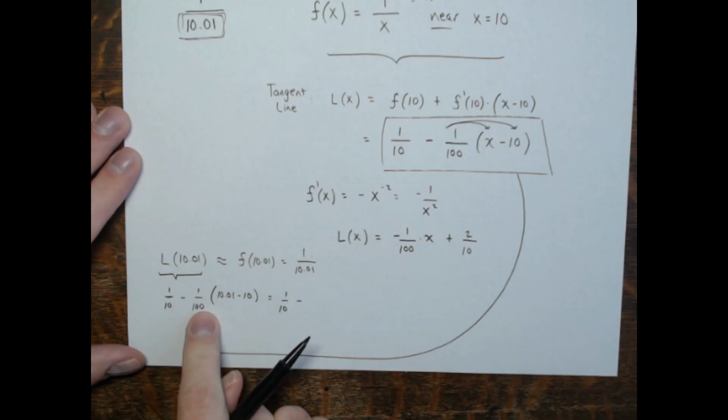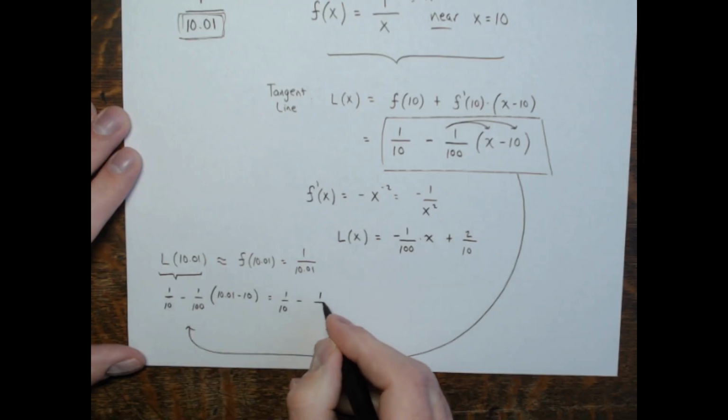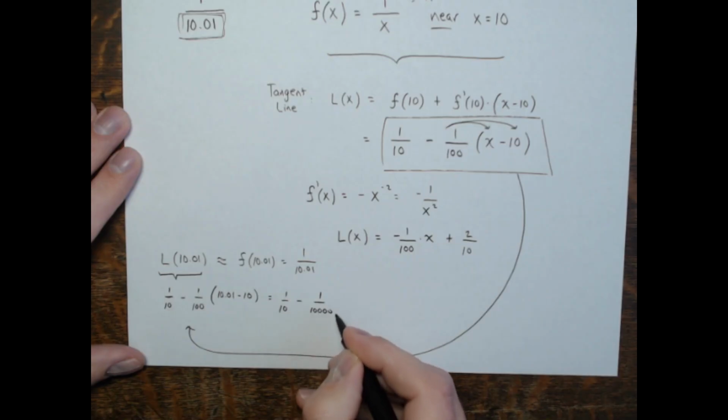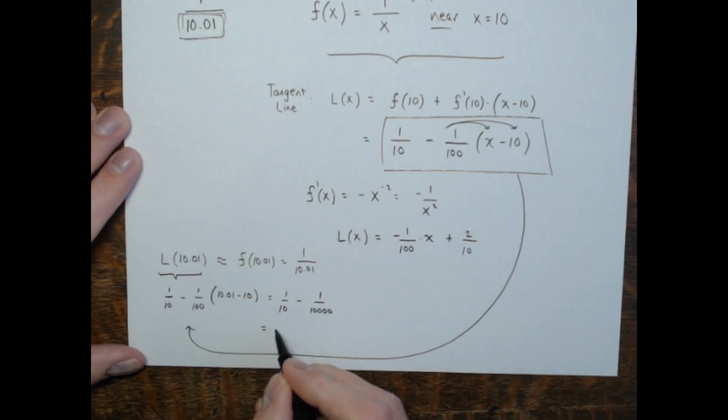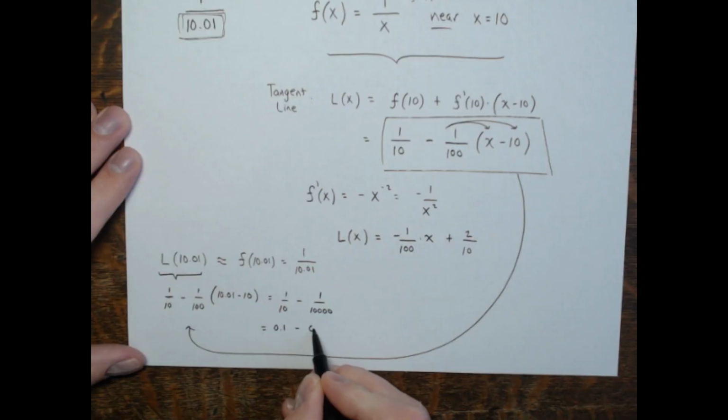And then 1/100th times 1/100th is 1/10,000th, right? One with 4 zeros there. So this is 0.1 minus 0 point, and then 1/10,000th is 0.0001.